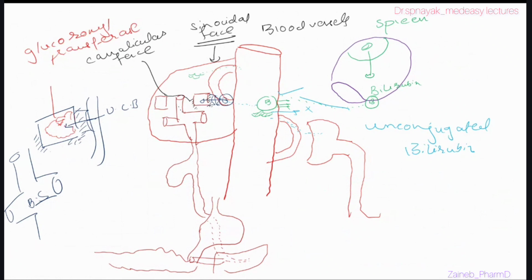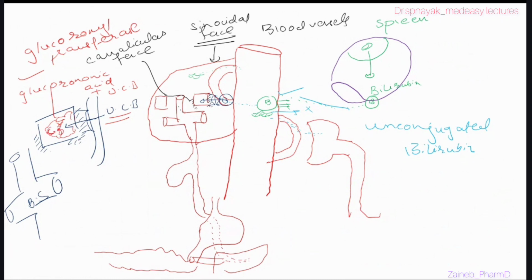This glucuronide transferase will convert the unconjugated bilirubin to the conjugated bilirubin. How? This glucuronide transferase will fuse the glucuronic acid with unconjugated bilirubin.